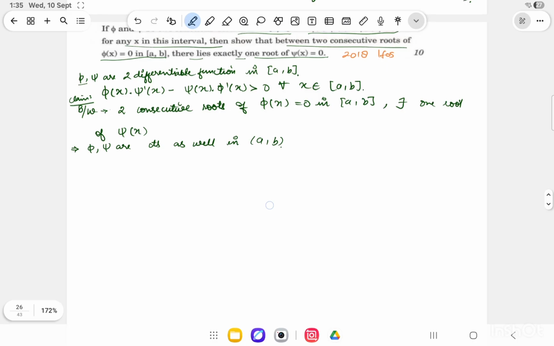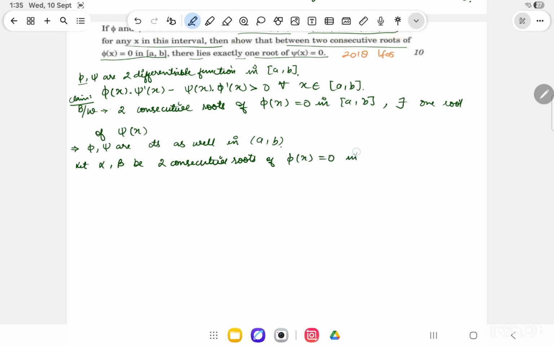Now let us assume that alpha, beta are two consecutive roots of phi x equals to 0 in the interval [a, b].